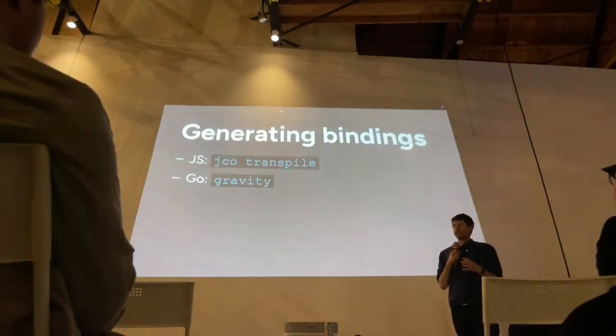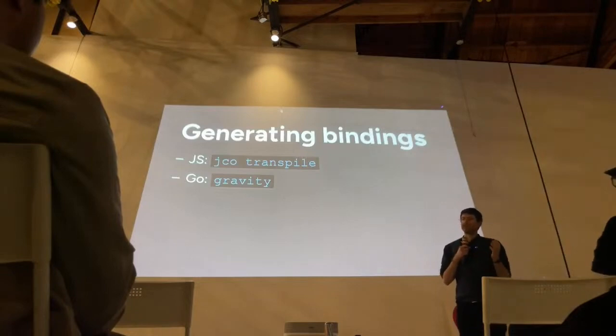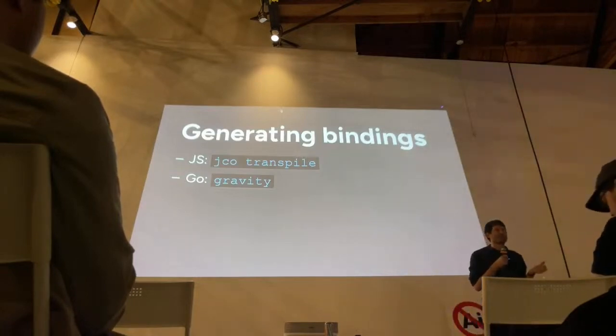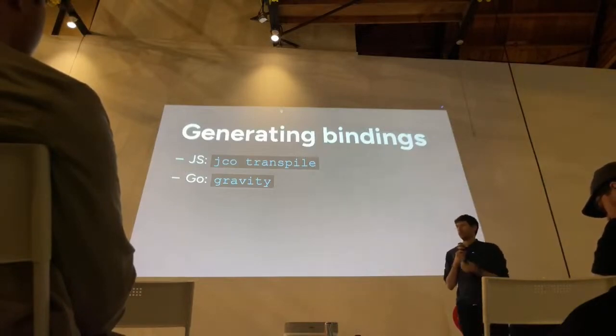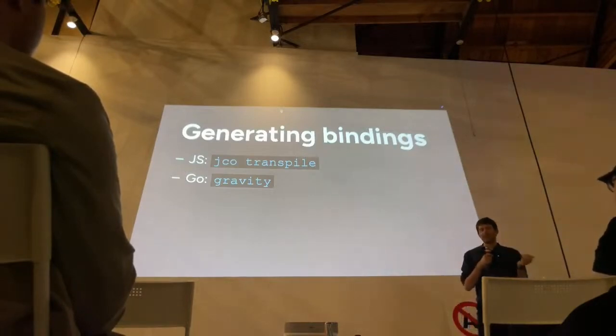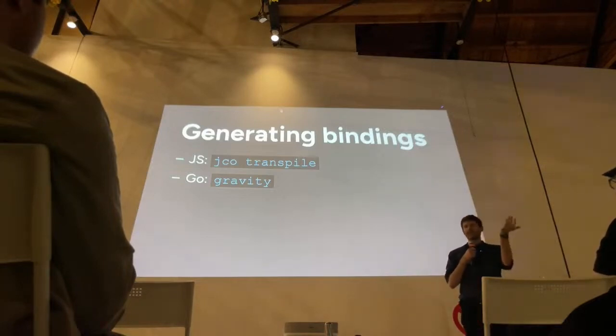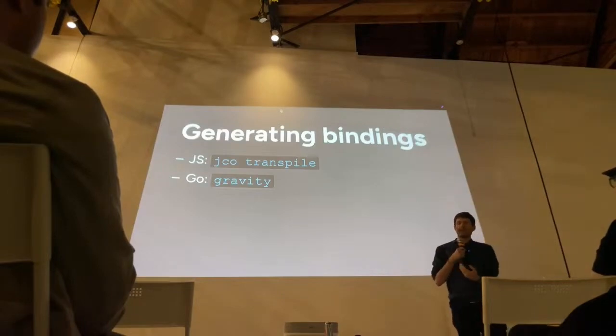The JavaScript ecosystem for running WebAssembly is the most mature, and there's a lot of really good open source toolchains that allow you to do a lot of this out of the box. So we use Jco, which is what generates the JavaScript bindings from our WIT definition. So it takes that WIT definition, converts it into JavaScript, and then we call that from our SDK.